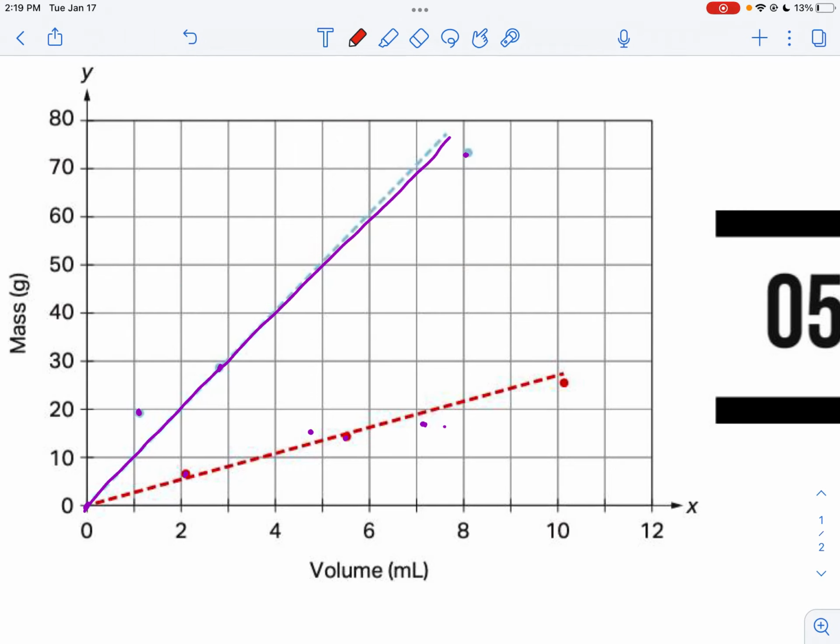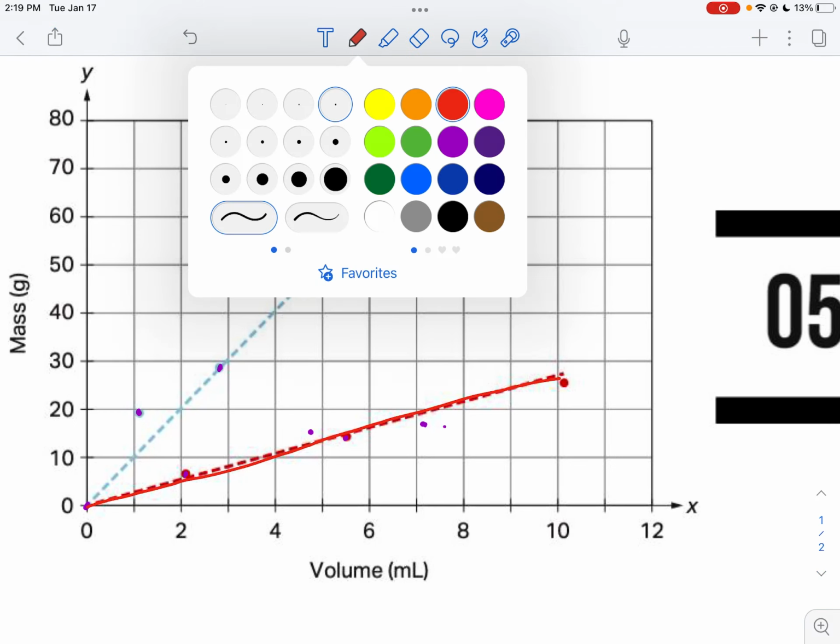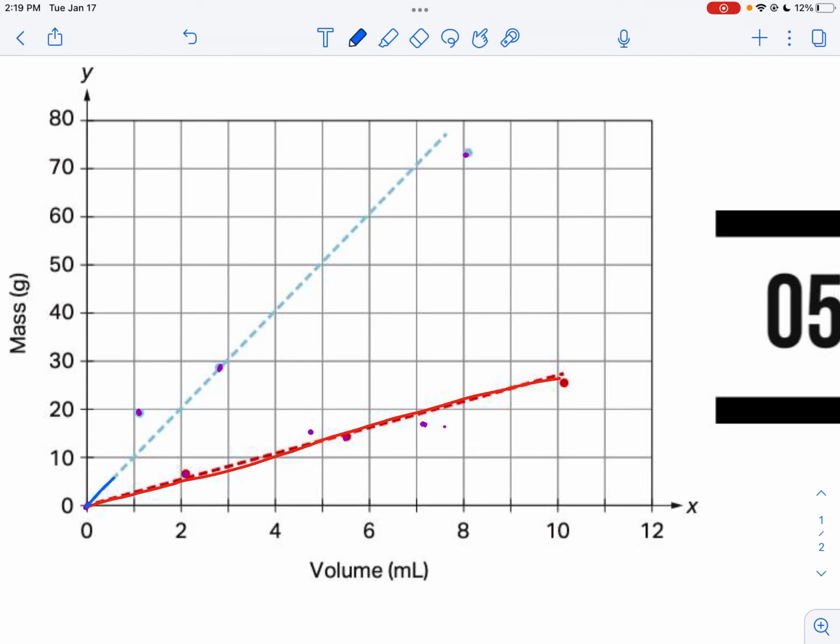We have our red line that goes through the middle of all those points. Okay, so you should pause here. Go ahead and draw your two lines, and I'm gonna change my color to blue so it makes sense. So draw your two best fit lines and then resume the video.